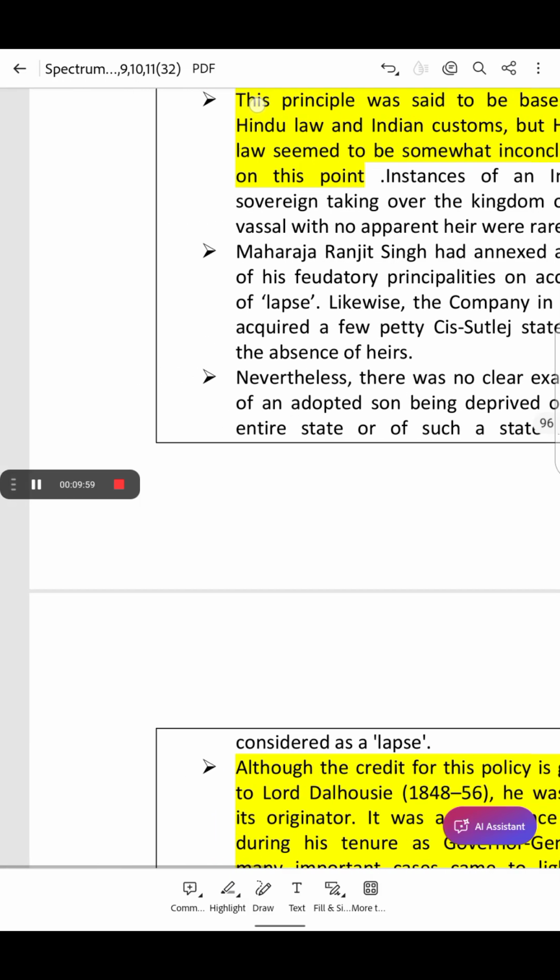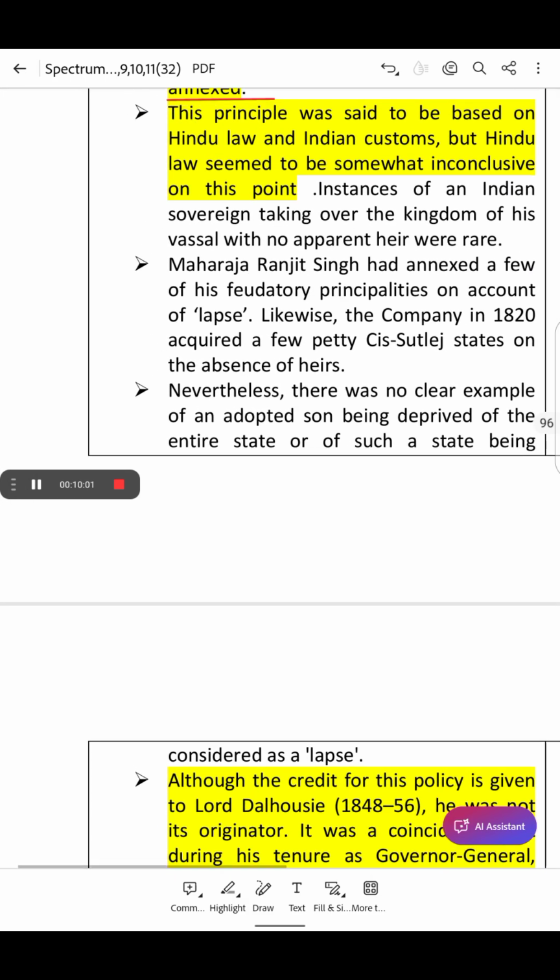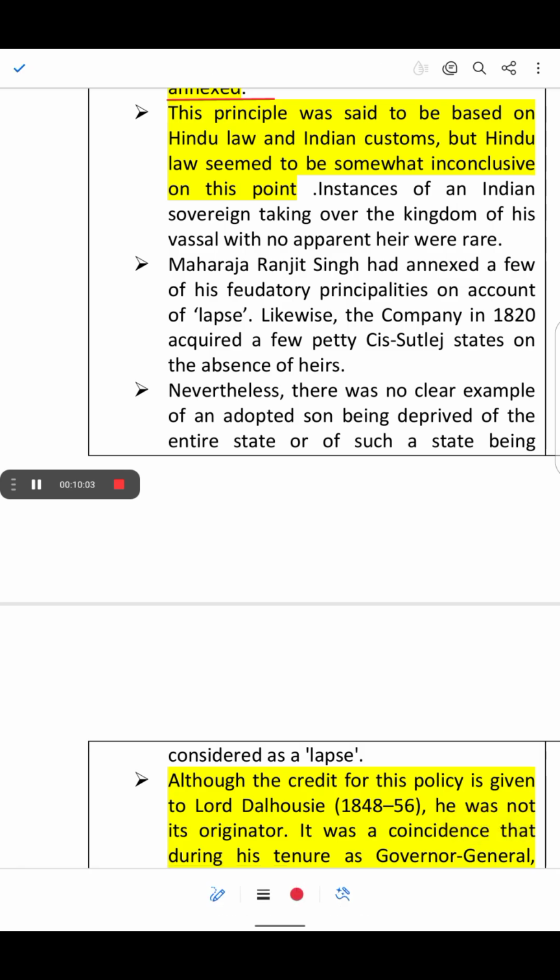This principle was said to be based on Hindu law and Indian customs, but Hindu law seemed somewhat inconclusive. Cases of an Indian sovereign taking over the kingdom of his vassal with no apparent heir were rare.